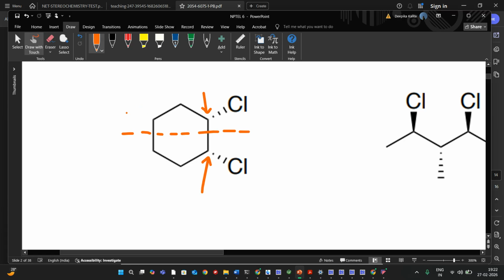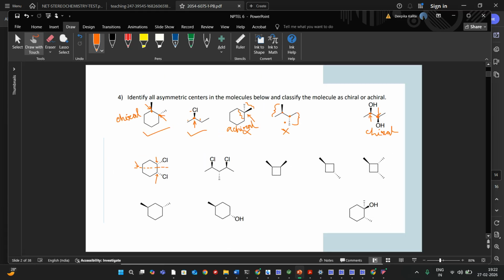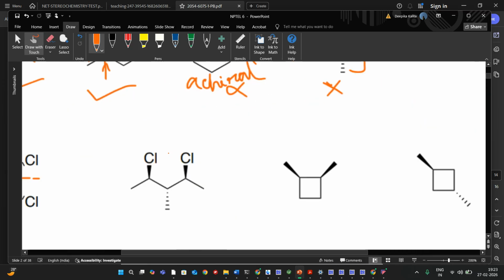Okay, this will be a plane of symmetry which is going to split this molecule into two equal halves. Hence, this compound will be a meso compound and it will be achiral.